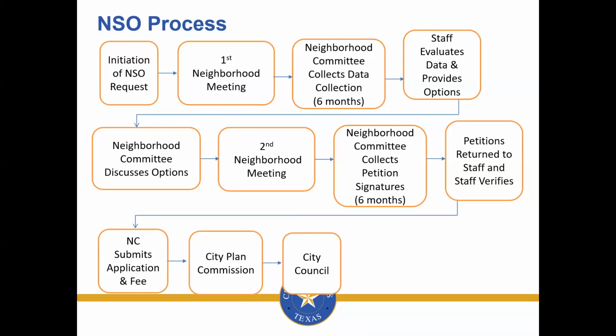What I mean by fee is that it depends on how many signatures you collect. There is a certain percentage that you're required to have for it to be free. If not, then you'll have to pay the application fee. After that, your application will go to City Planning Commission. They will make a decision, and then it'll go to City Council. City Council will make the final determination.